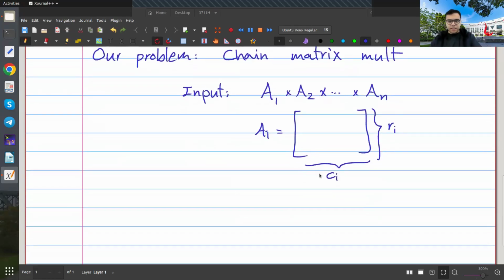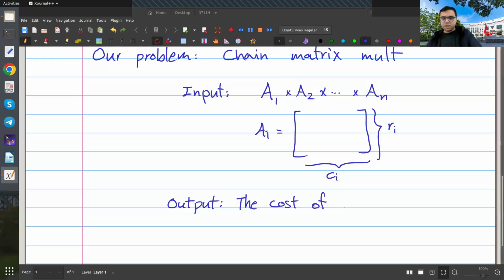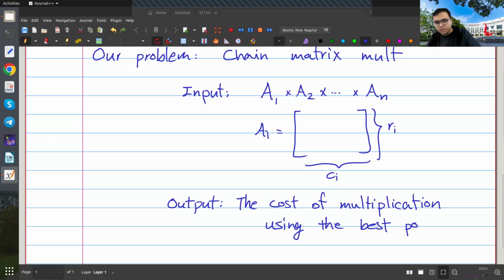And then as the output, I want you to write the optimal cost of multiplying all of these matrices together. So the cost of multiplication, but of course I want you to optimize, so using the best possible order.